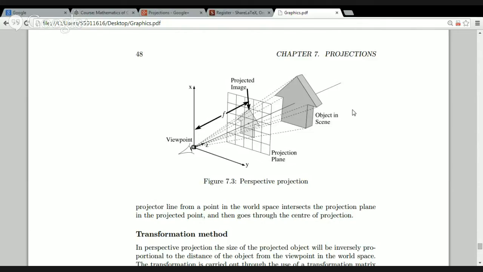We also imagine a projection plane, which is between the viewpoint and all the stuff in the scene. Although there could be objects in the world space that are in front of the projection plane as well, that doesn't really matter.